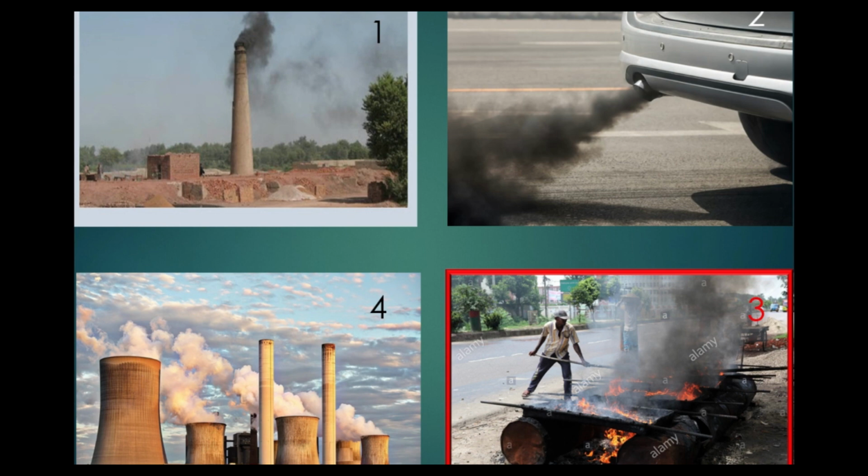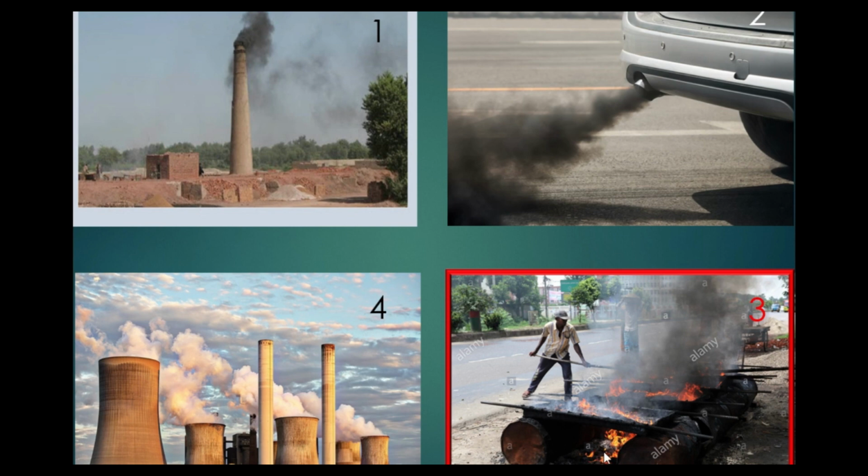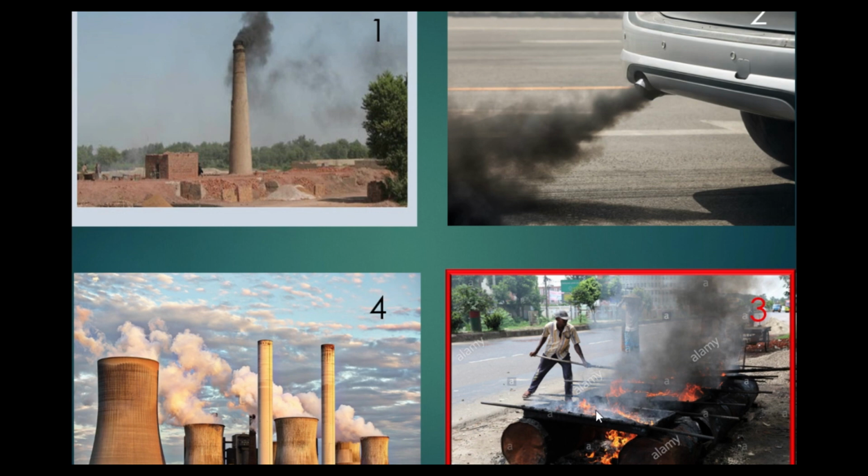Picture number 3. What do we see here? We see pitch or bitumen being melted in cans, and on the road fire is burning, and a young man is doing the job, and fire is also burning on the pan made with a bitumen can.